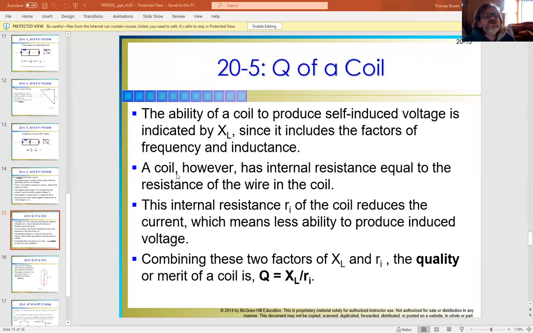So what we would do is compare our ratios. You can see at the very bottom here our equation to see what the charge capacity is of the coil. We're looking at it with the inductive reactance divided by R sub I, its internal resistance.